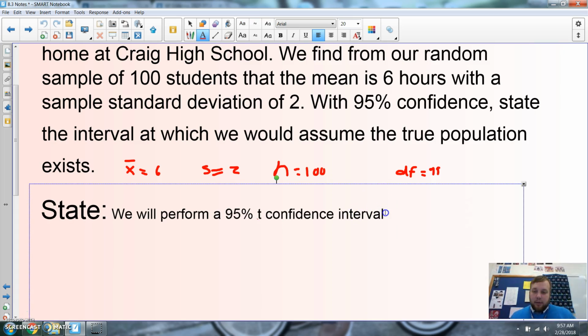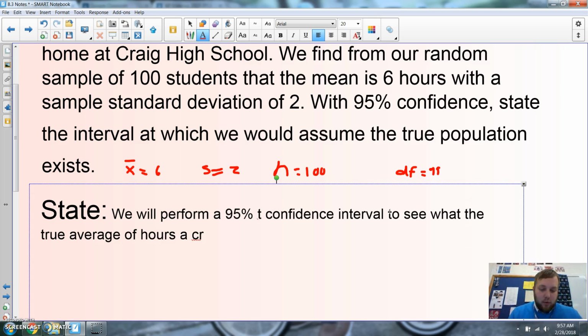To see what the true average of hours a Craig student studies.